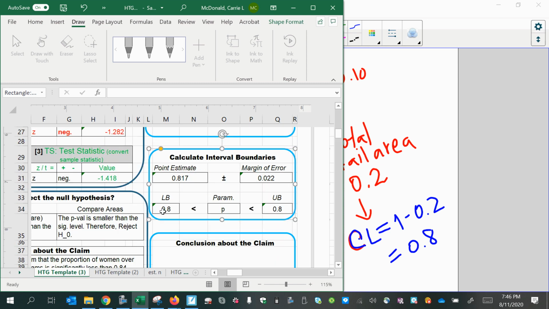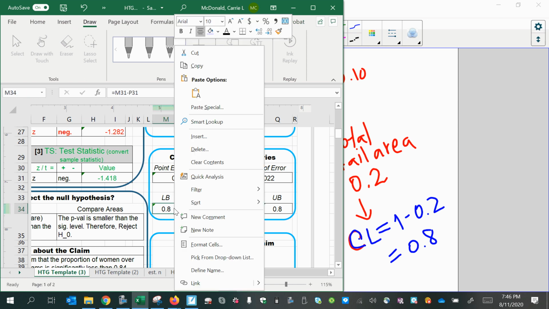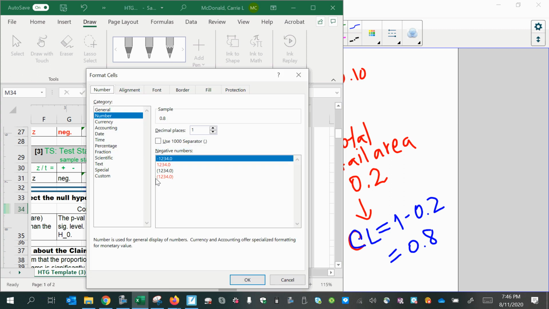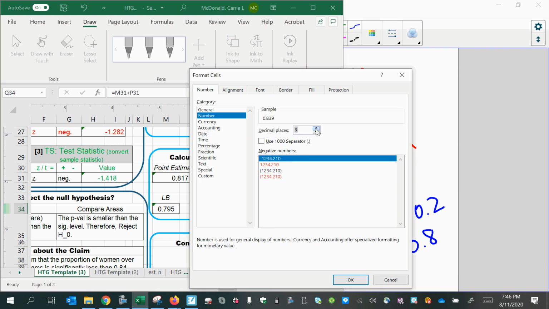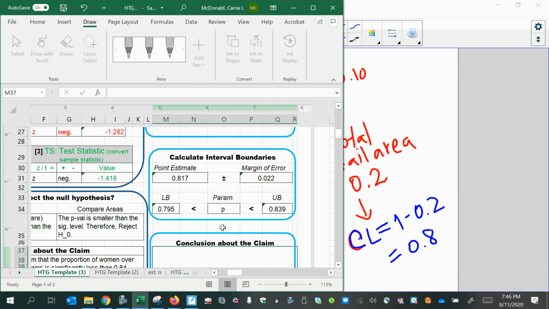So with 80% confidence, we believe that the true population proportion is between 0.8, and we need to give some more decimal places here. Let's go to 3. So we believe with 80% confidence that it is somewhere between 0.795 and 0.839.